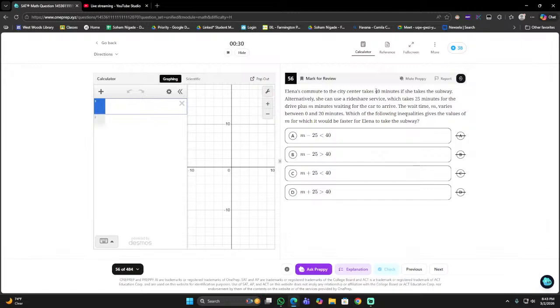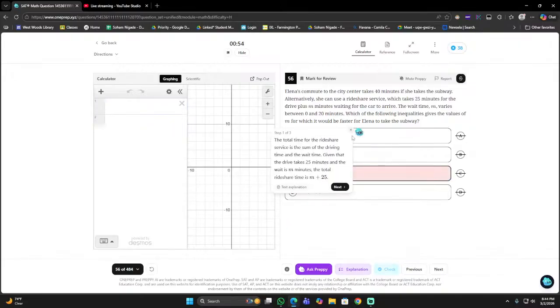You can essentially think of this as an inequality as it's given, and then you just compute. So obviously it's not this because the time is greater than 40, which does not make sense at all. So the total is 25 plus m. So essentially it's going to be c here. Oh wait, I messed up.